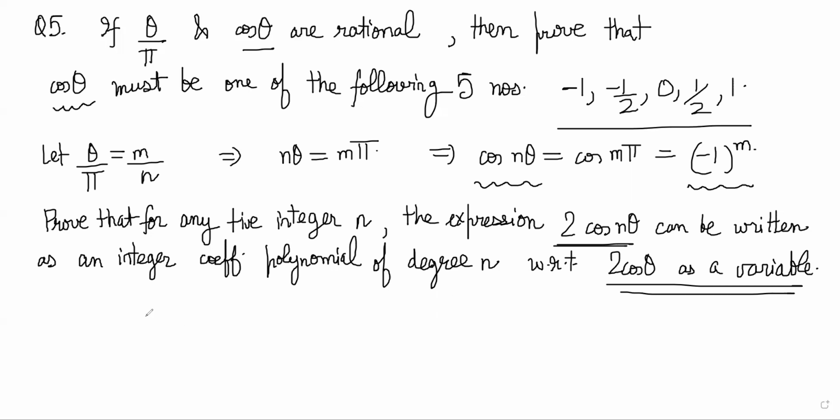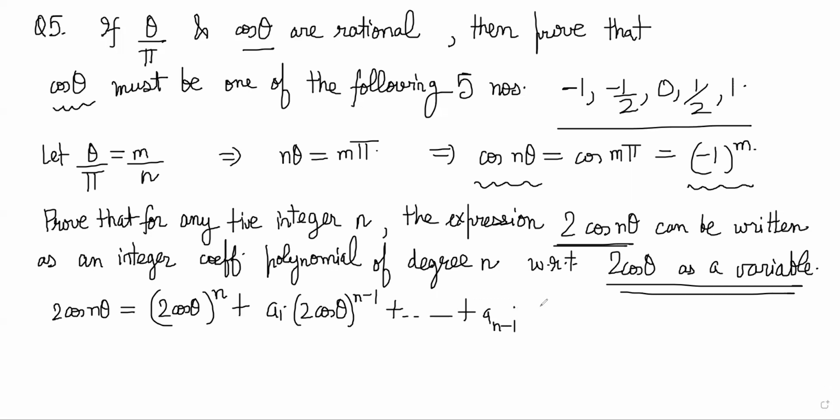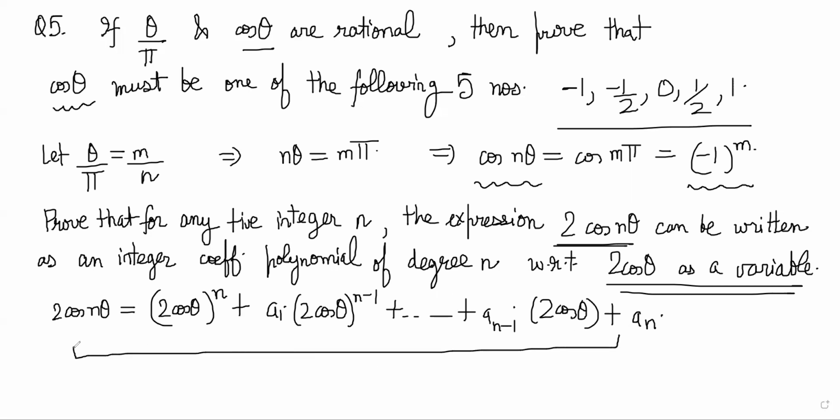Okay, so what I'm saying basically here is prove that 2 cos n theta can be written like this: 2 cos theta power n plus a1, 2 cos theta power n minus 1, and so on till a n minus 1, 2 cos theta plus a n. So this is my claim. I am trying to write 2 cos n theta as a polynomial with 2 cos theta as my variable of the polynomial, right? And it's an n degree polynomial.